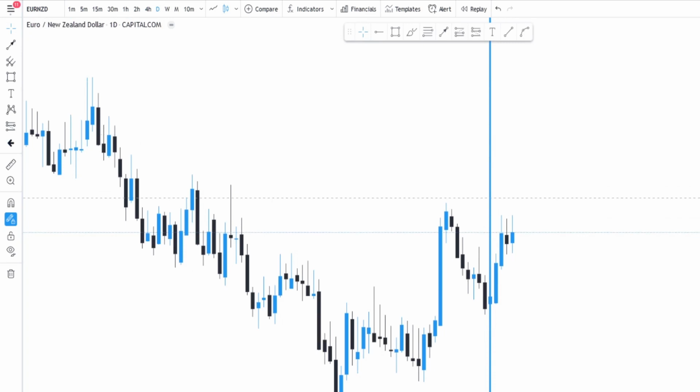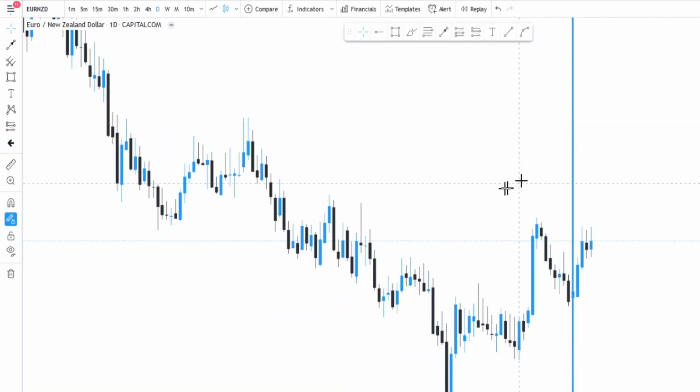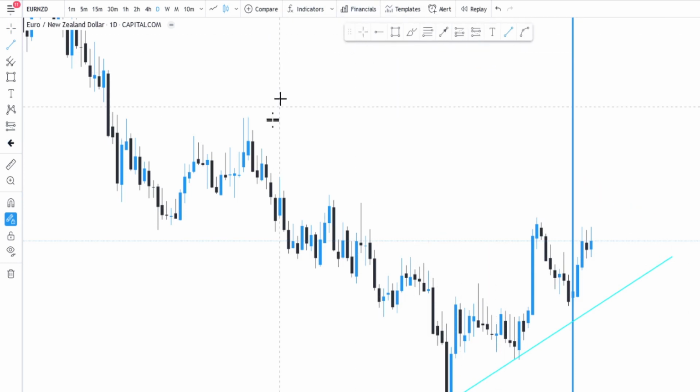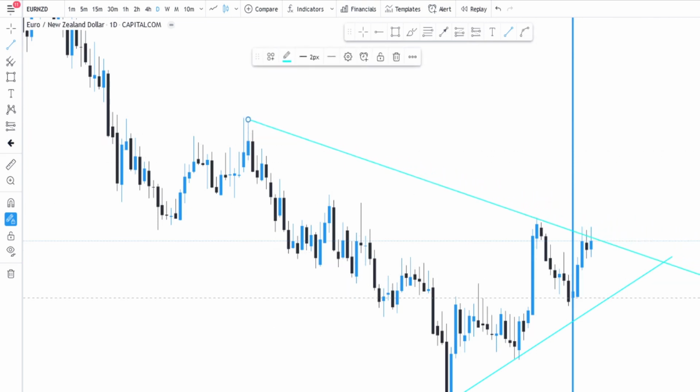Here at this, we got an uptrend. Let me draw a trend line, an uptrend here, and a downtrend here.